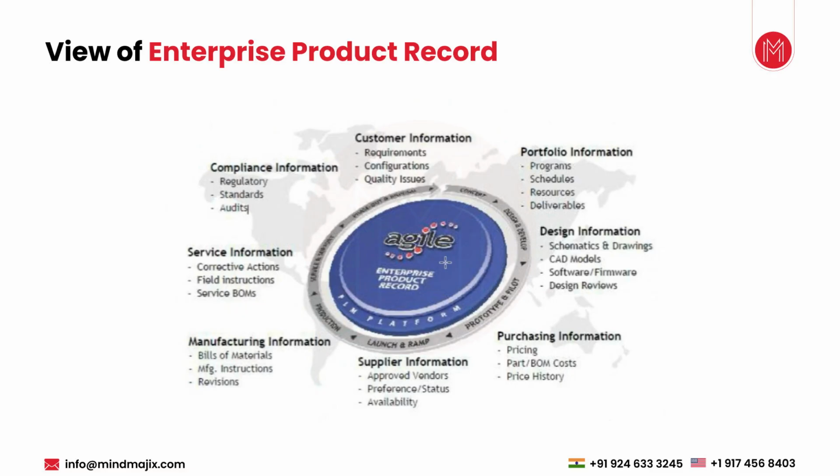Then supplier information: we are managing the approved vendor preference or status and their availability. Then manufacturing information, basically the bill of material, which is the most important thing.